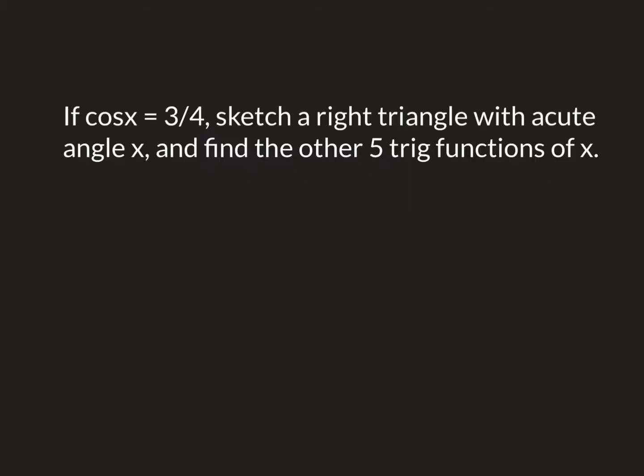Okay, this one says if cosine is 3/4, sketch a right triangle with the acute angle x and find the other 5 functions of x. Okay, so if cosine is 3/4, you're telling me there's angle x. I tried to do theta, but my iPad doesn't have it. Sorry. So it says it's 3/4. Remember, cosine is adjacent over hypotenuse. So I'm going adjacent over hypotenuse. I cannot find the other 5 trig functions unless I know what this missing side is.